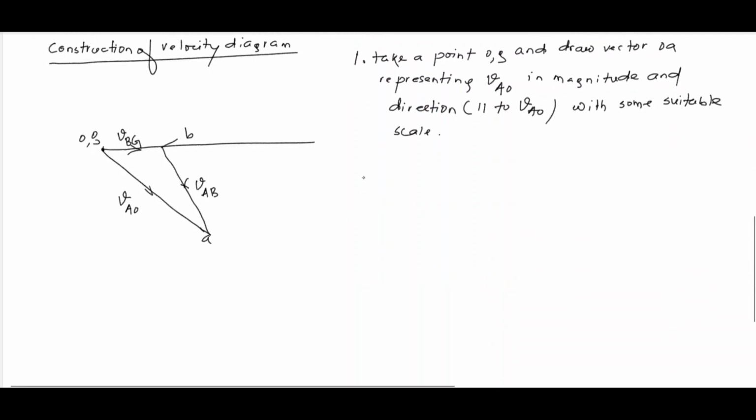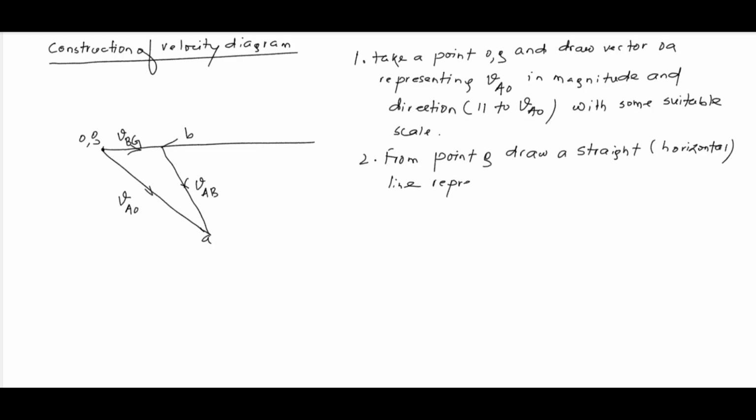Now next step, from point G draw a straight horizontal line representing VBG, whose magnitude is unknown.